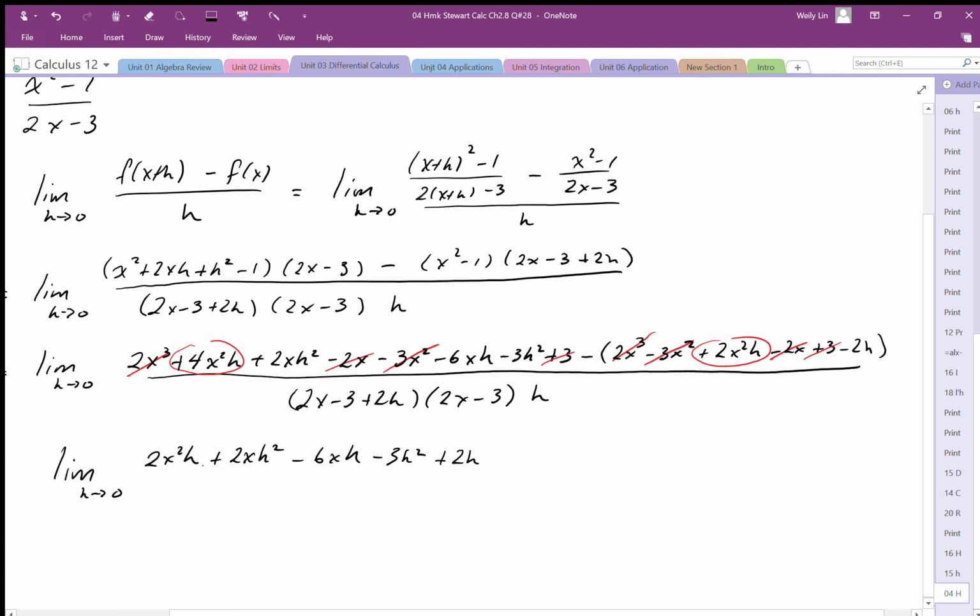Okay, so now all the terms in my numerator have an h factor, which allows me to cancel with that h factor in the denominator. Okay, so this h in the denominator, which I want to get rid of, now I can get rid of by canceling out some of these terms.